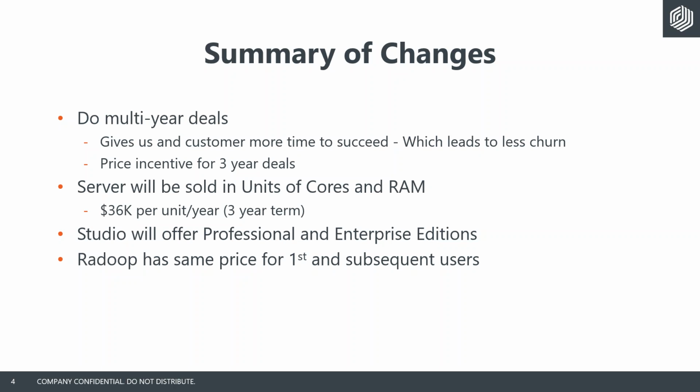We have changed the offerings for Studio and reduced them from small, medium, and large into a Professional and an Enterprise edition. And finally, we simplified the Radoop pricing. All the users are priced the same, even the first user.